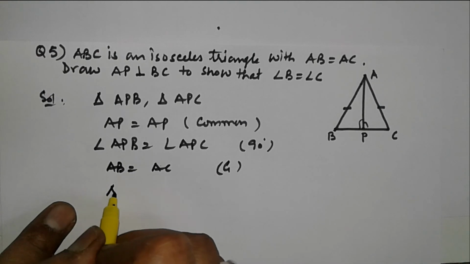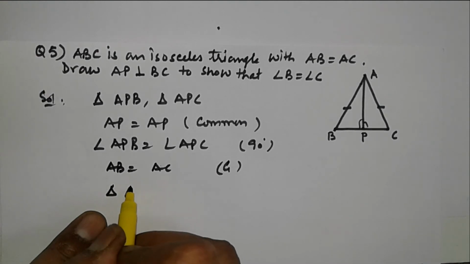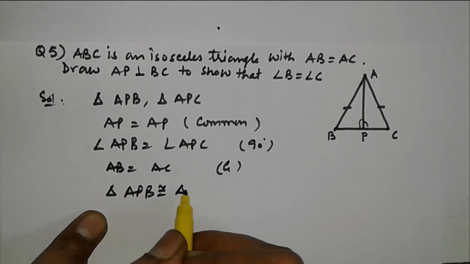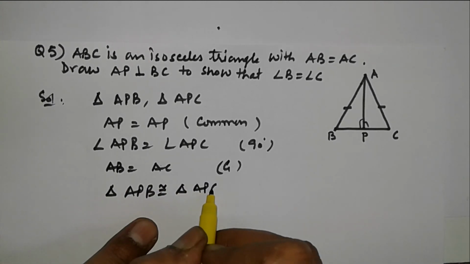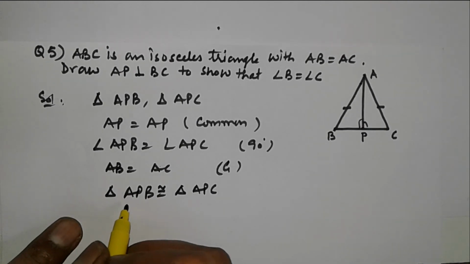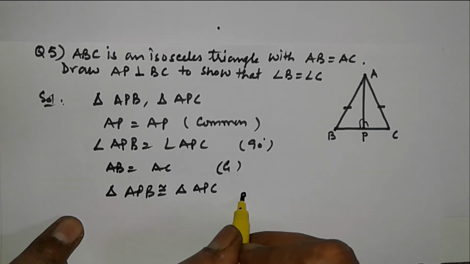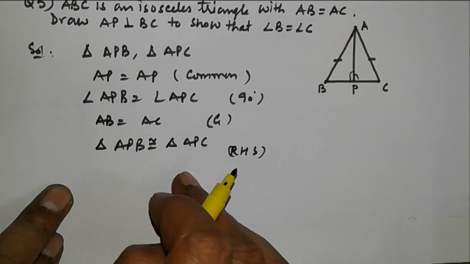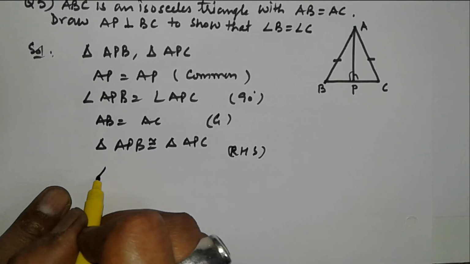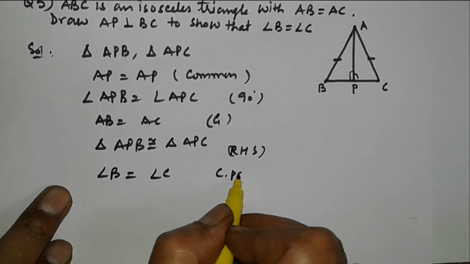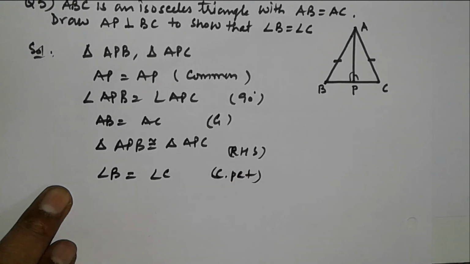Therefore triangle APB is congruent to triangle APC by the RHS congruence rule. Now if they are congruent to each other, that means angle B is equal to angle C by CPCT.